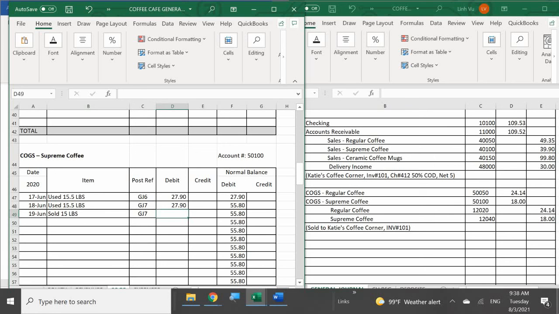For how much? $18. Okay. Which brings my ending balance to be $73.80.